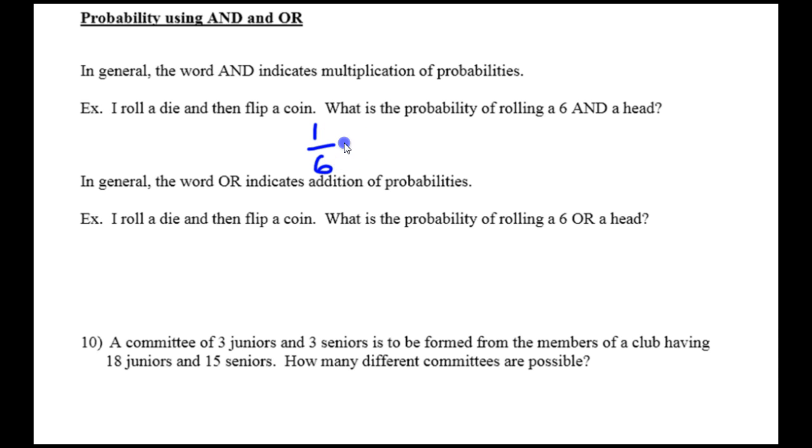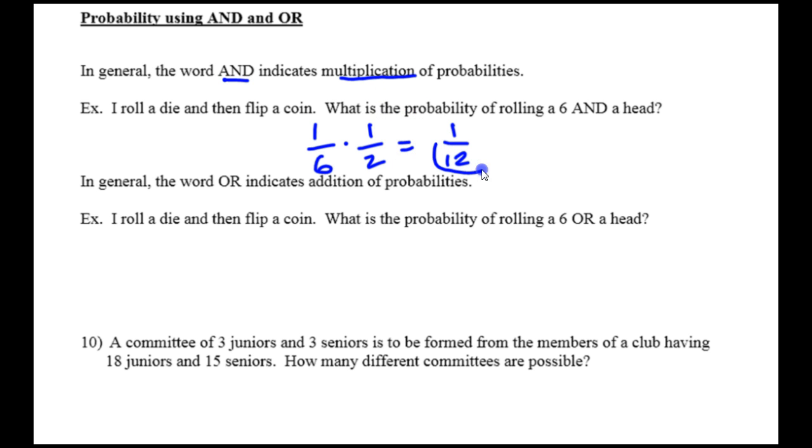So what I'm going to do is multiply by a half, the probability of getting a head. If I were to add these fractions, that would increase 1/6 quite a bit. So the probability of getting a 6 and a head is the product of those, it's 1/12. So and indicates multiplication. And is multiplication. All right?